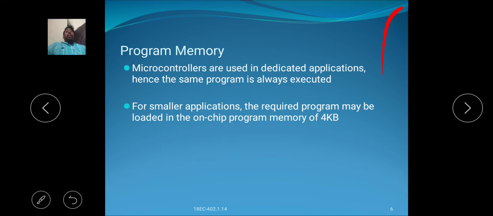The program memory: microcontrollers are used in dedicated applications, hence the same program is always executed.